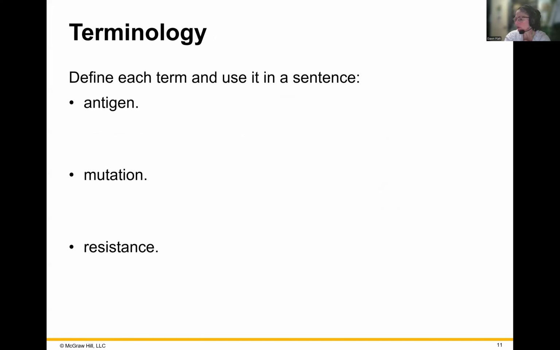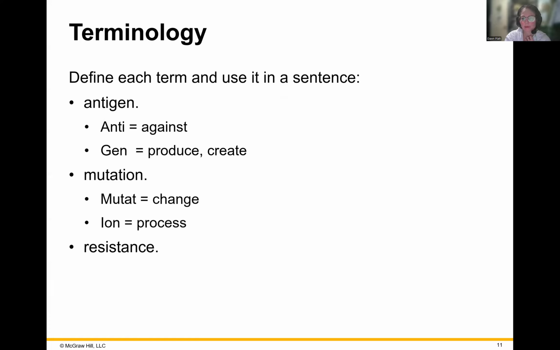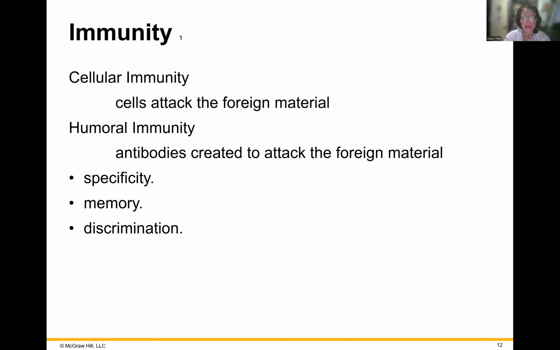Now we come to some terms that you might see in this chapter: antigen, mutation, resistance. We have different cells that perform different functions in the body, but there are also different categories of immunity, which start on page 402.